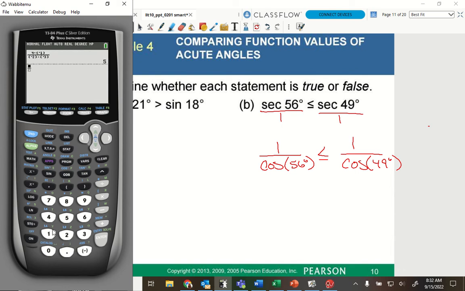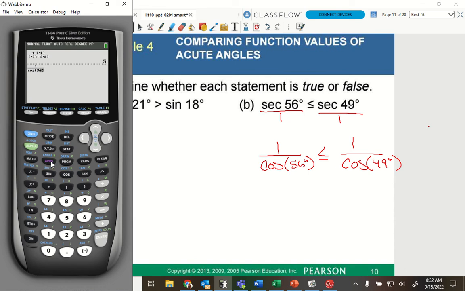And we said that's going to be 1 over cosine 56 degrees, and degrees is right here. Now, see this? On mine it's purple. On yours, I don't know. But it's under angle. If you see that word in blue, it says angle.